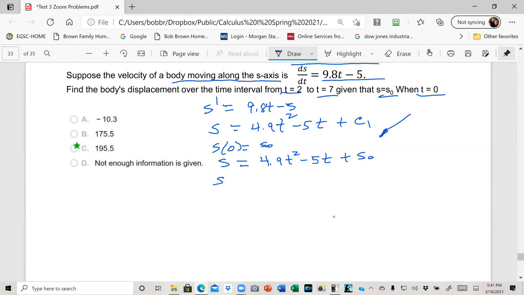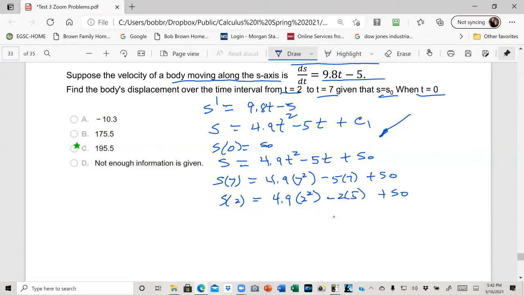So when t is equal to 7, we get 4.9 times 7 squared minus 5 times 7 plus s0. And s at 2 is equal to 4.9 times 2 squared minus 2 times 5, which is 10, plus s naught.